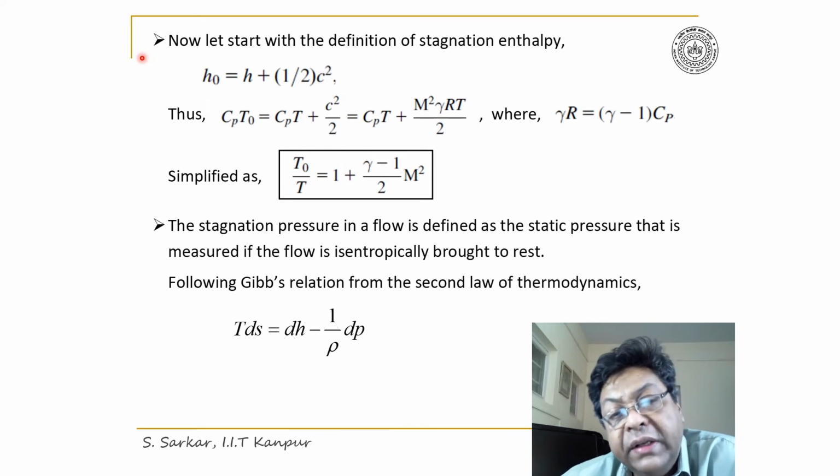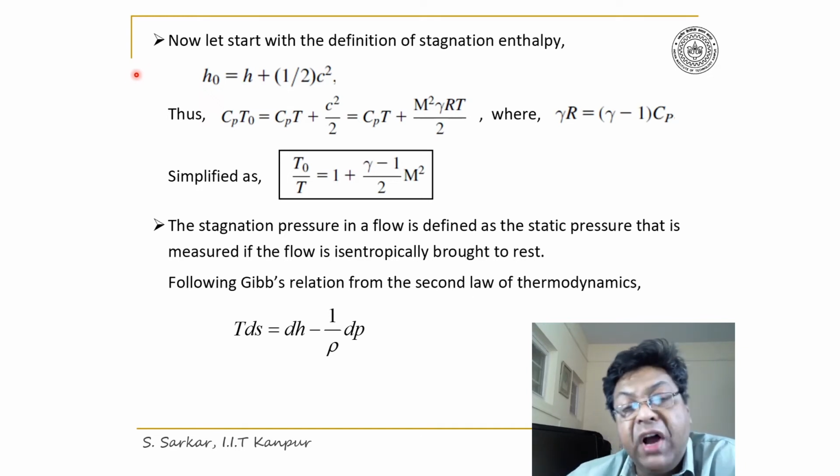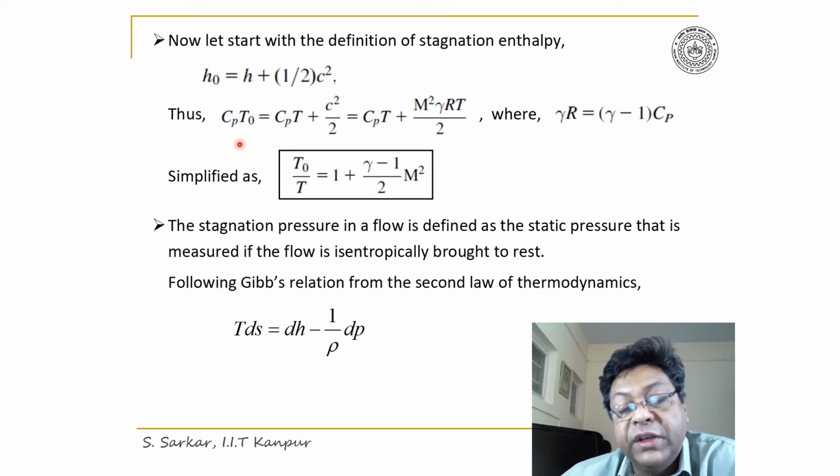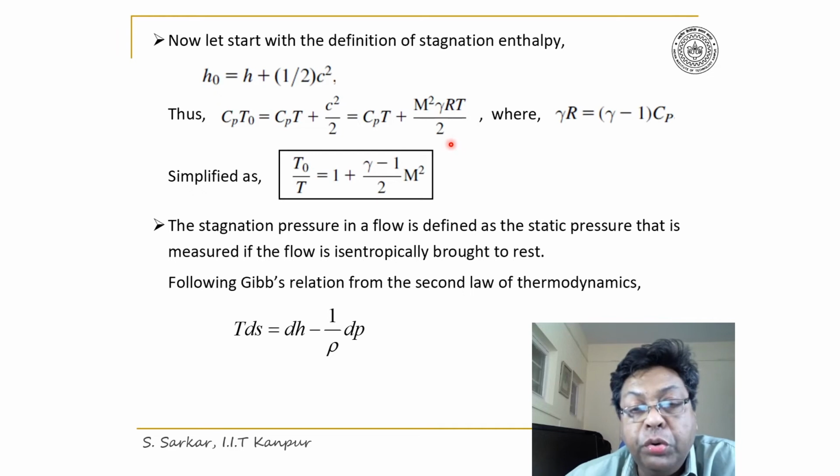Let us now start from the definition of stagnation enthalpy. Stagnation enthalpy h0 is defined as h plus half into C squared, C being the local flow velocity. Thus Cp into T0 is equal to Cp into T plus C squared by 2. If I now use the definition of Mach number, this is further simplified as Cp into T plus M squared gamma R T by 2.